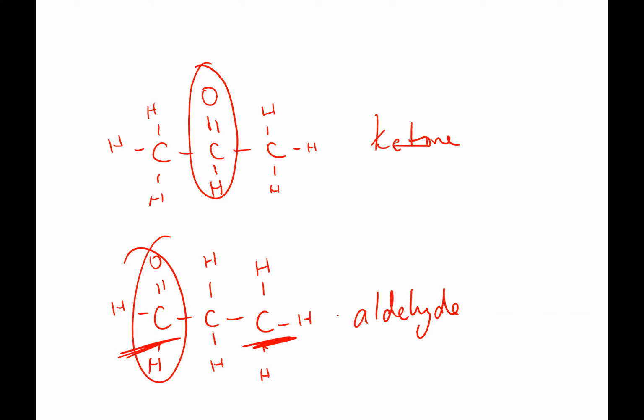I cannot stress enough, I do not know why chemists name them differently, other than the fact that they probably react very differently. But yeah, that's a ketone. The double bond O needs to be inside the chain, and in an aldehyde it needs to be on the outside of the chain.